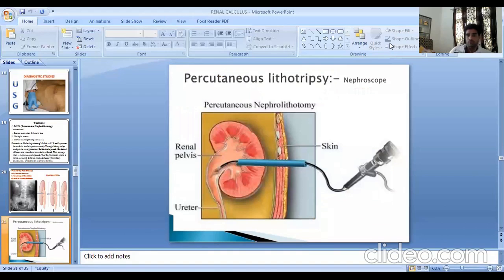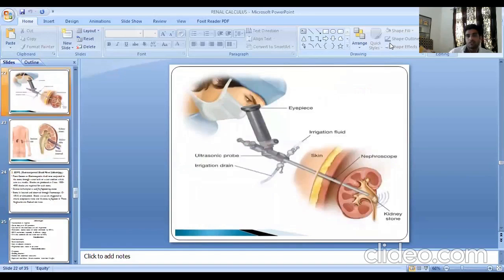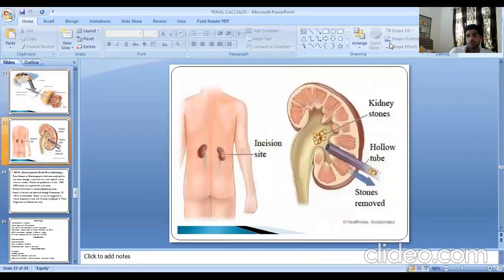As you can see, nephroscope, renal pelvis, ureter. This is the consequence of this percutaneous nephrolithotomy. Here, as you can see in the renal stone, the part of calyx, renal pelvis.